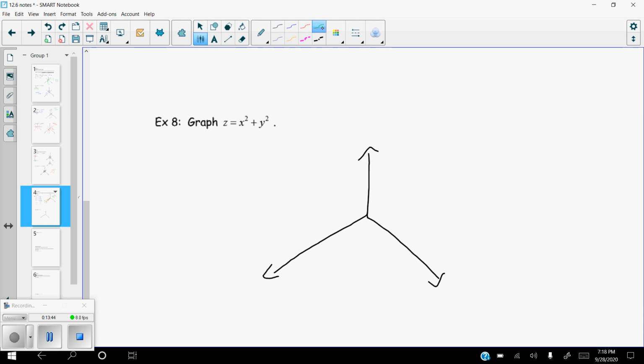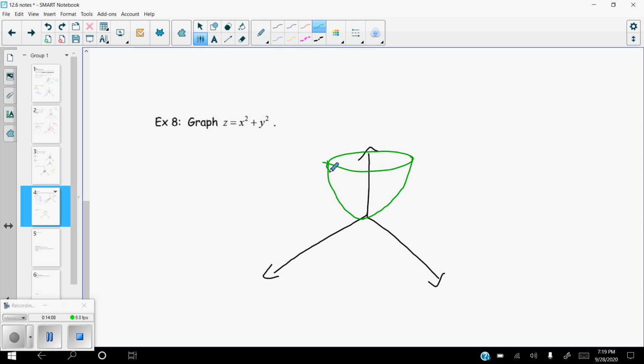So again, the easiest thing to do is kind of sketch yourself a little bowl, because it does say sketch. Okay, there's not much detail in that one, obviously, but that is a sketch of the graph of z equals x squared plus y squared. So the sooner you can start recognizing which ones you're looking at, the easier this will become.